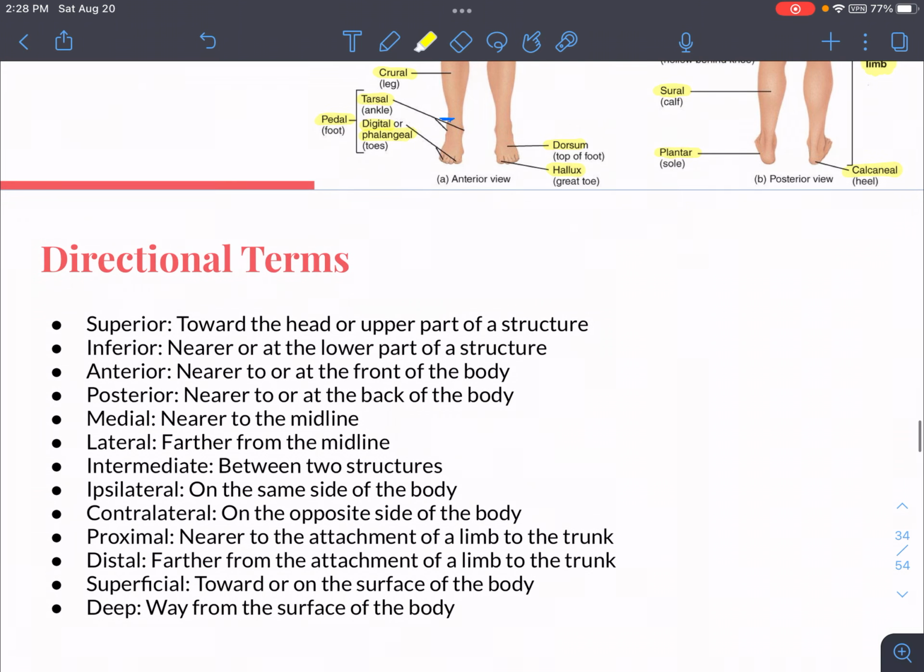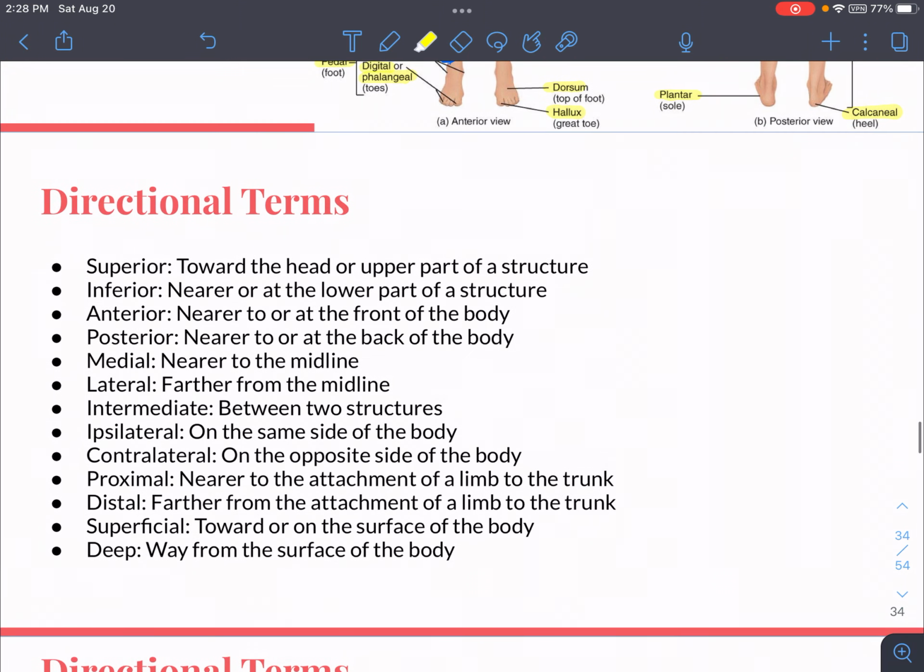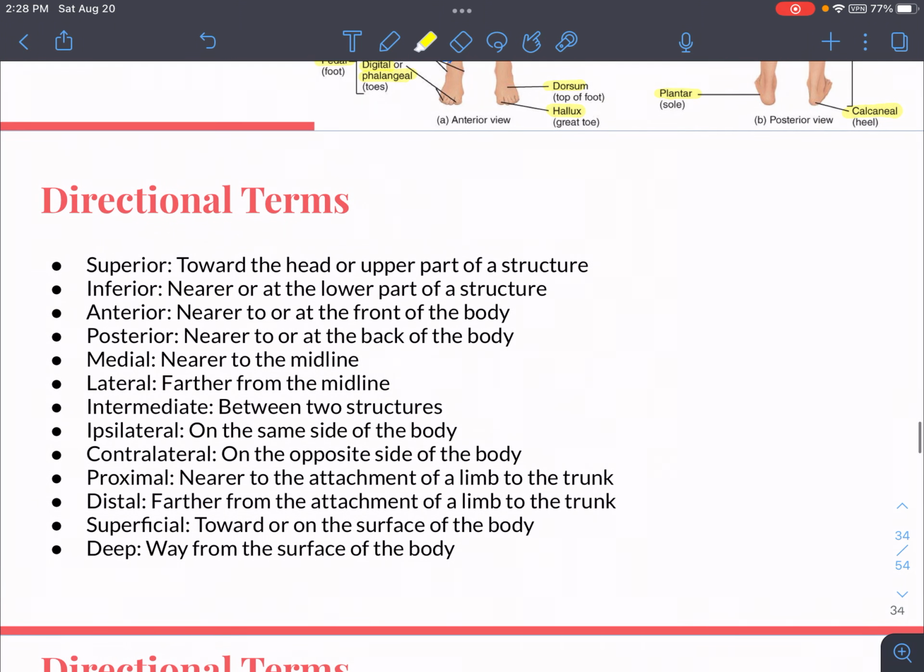On top of the different parts of the body having different names, there's different directional terms. So each of these directional terms usually refers to something else when you're talking about something, like superior. Superior is towards the head or the upper part of the body.